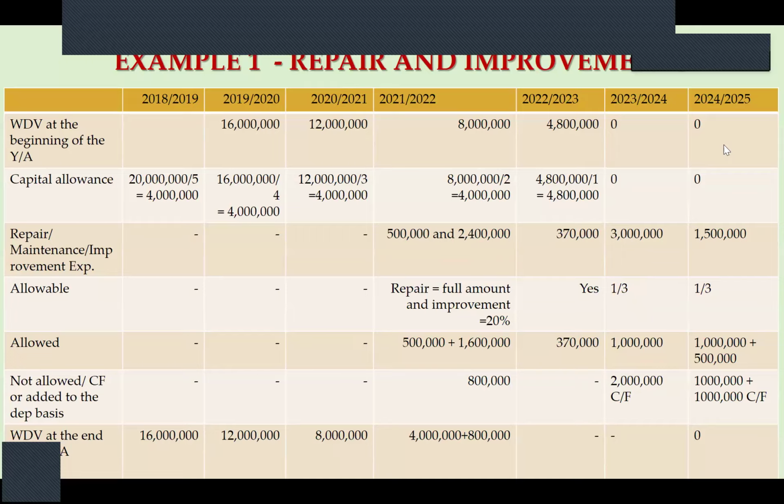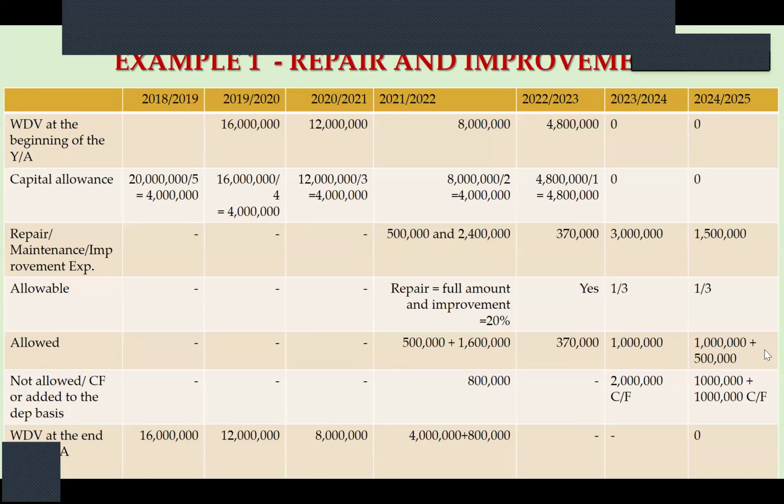But in the second period also, 1/3 can be given out of this 3 million. Then only 1 million can be carried forward for the improvement we incurred during 23-24, and 500,000 incurred during 24-25.